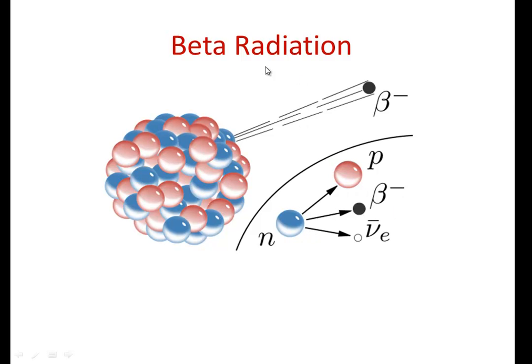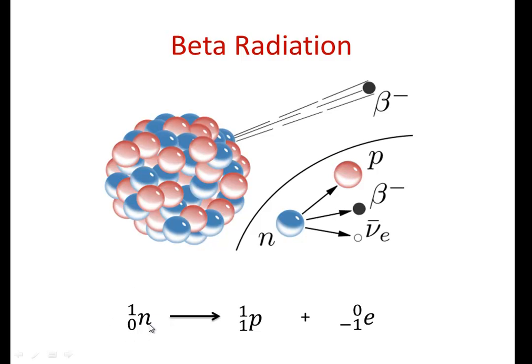So whenever a nucleus undergoes beta radiation, the thing that's important to know is that you're going to lose a neutron and it's going to convert to a proton, and then it's going to eject an electron with a lot of velocity.